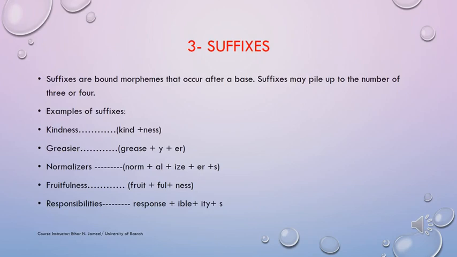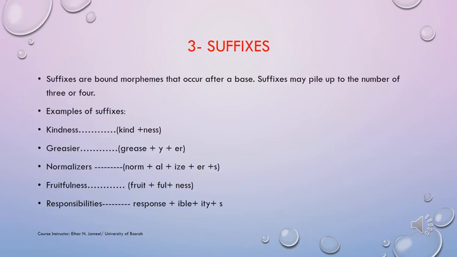Responsibilities. We have 4 morphemes in this word: response, ible, ity, and s. Response is a free morpheme. Ible, ity, and s are bound morphemes. Response is the base. It has the principal meaning of the word. The meaning of the word responsibilities comes first from response.